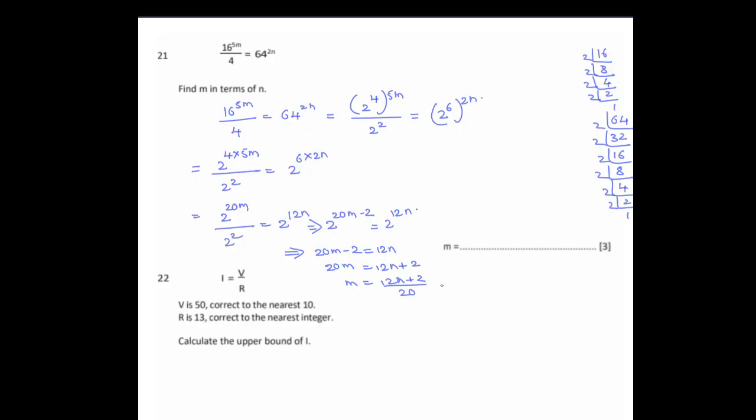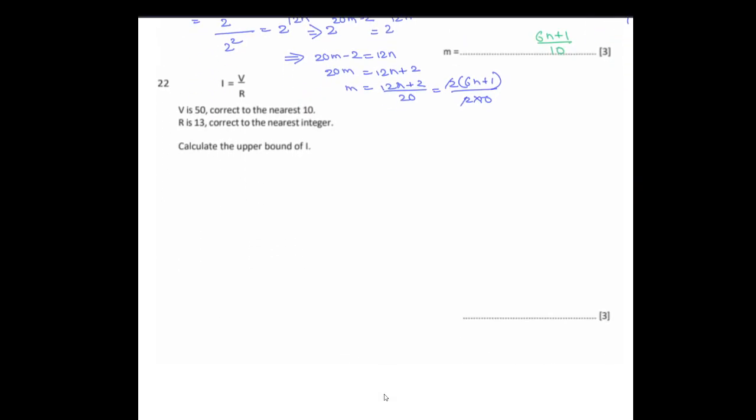Now you can take 2 common: 2 into 6n plus 1 by 2 into 10, 2 gets cancelled. So m is equal to 6n plus 1 by 10 is the answer.